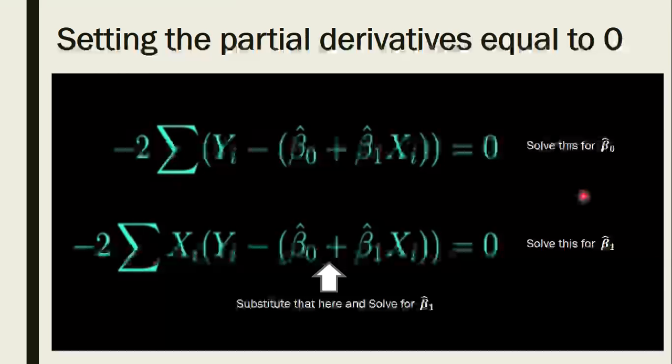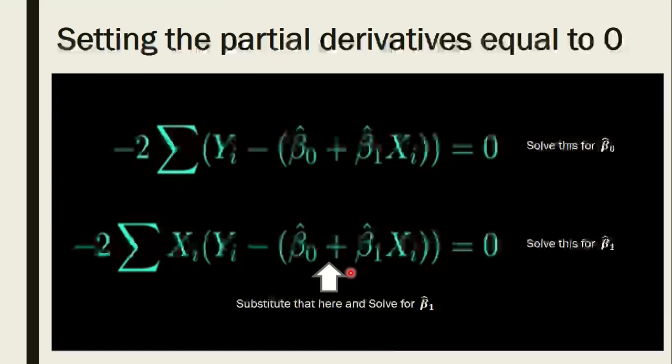For that, first of all, we will get an expression for beta naught hat, and that expression will involve beta 1 hat, and we will substitute that into the other equation and solve for beta 1 hat.